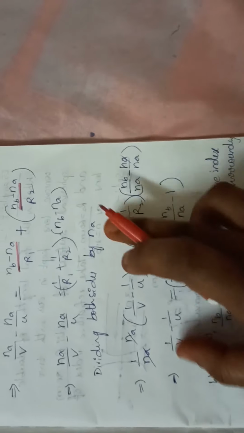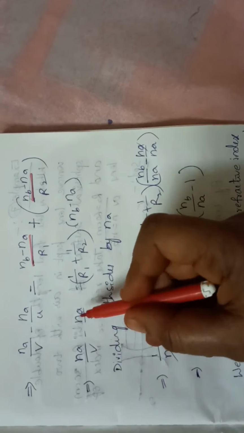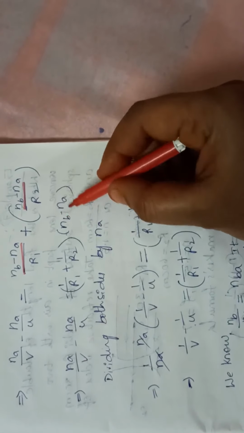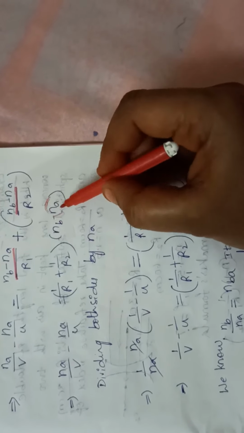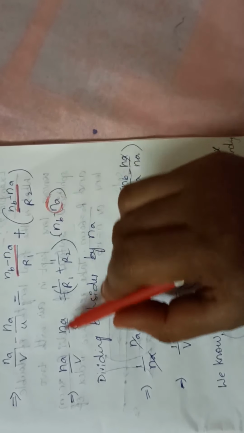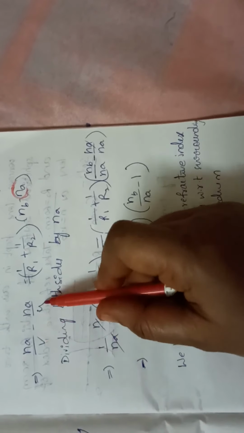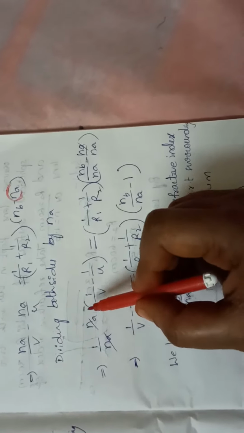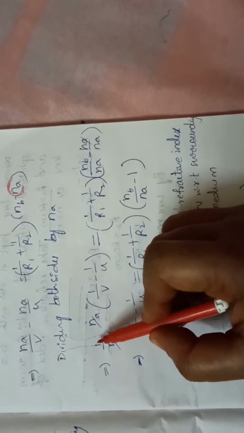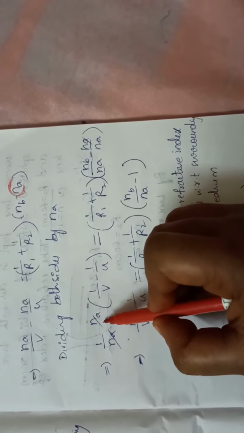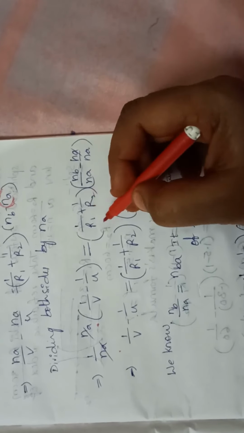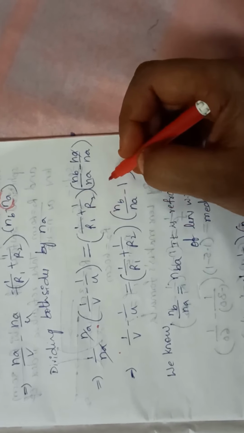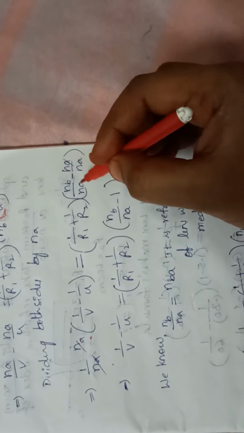Dividing both sides by Na, we can take Na common from both, so 1 by V minus 1 by U is equal to 1 by R1 plus 1 by R2.